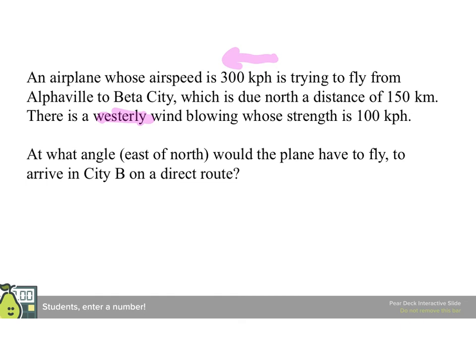All right, so in this case we have the airplane, city A, I guess Alphaville, and Beta City. And we know that this distance is 150 kilometers. Is that going to be useful? Not sure. And we know that the airplane has to fly this way at some angle.